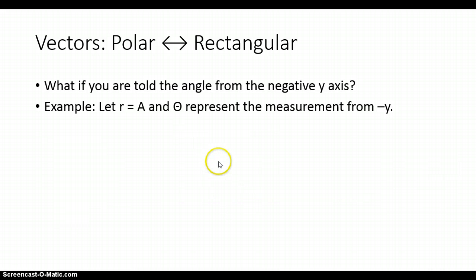Okay, so what if now you are told that the angle is being measured from the negative y-axis? So for example, again, your vector r, or the magnitude r, we'll say is equal to a, and theta represents the measure from the negative y-axis here.